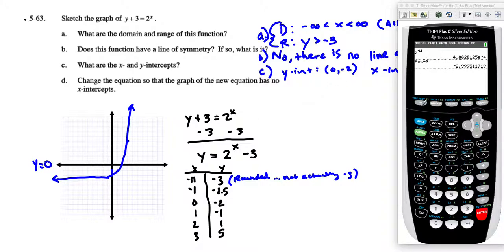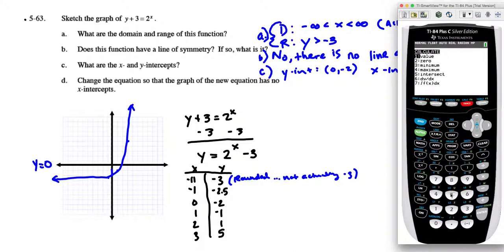So I'm going to take my function y is equal to 2 to the power of x minus 3, and I'm going to graph that second function of y equals 0. So if I want to know exactly what this point is, I am going to treat it like a system of equations, graph it, and find the intersection point.